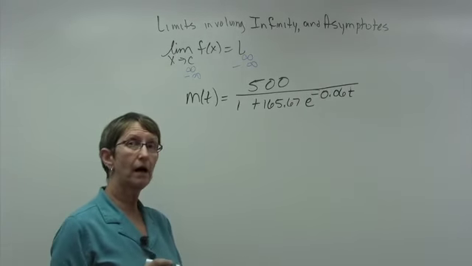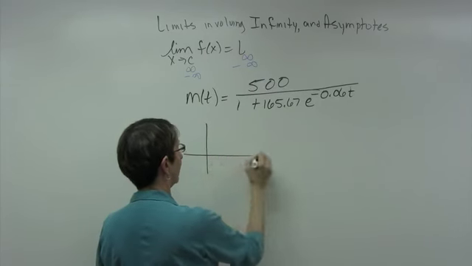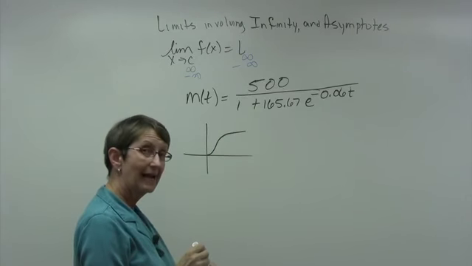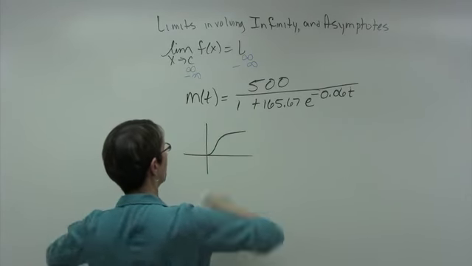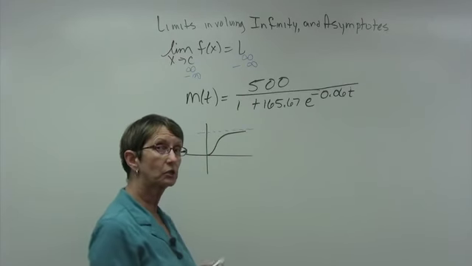That is a logistic model. When we looked at logistic models earlier, we found that they're sort of S-shaped curves that level off. And when they level off, that is a horizontal asymptote.